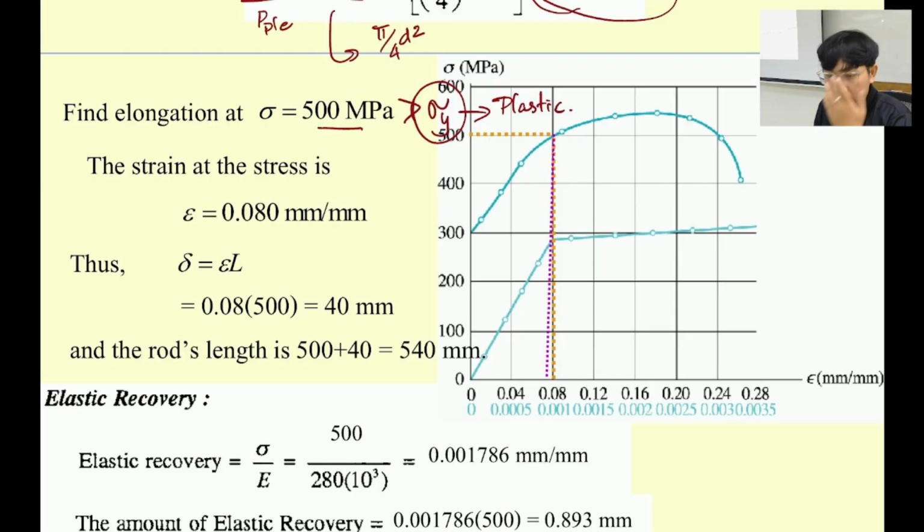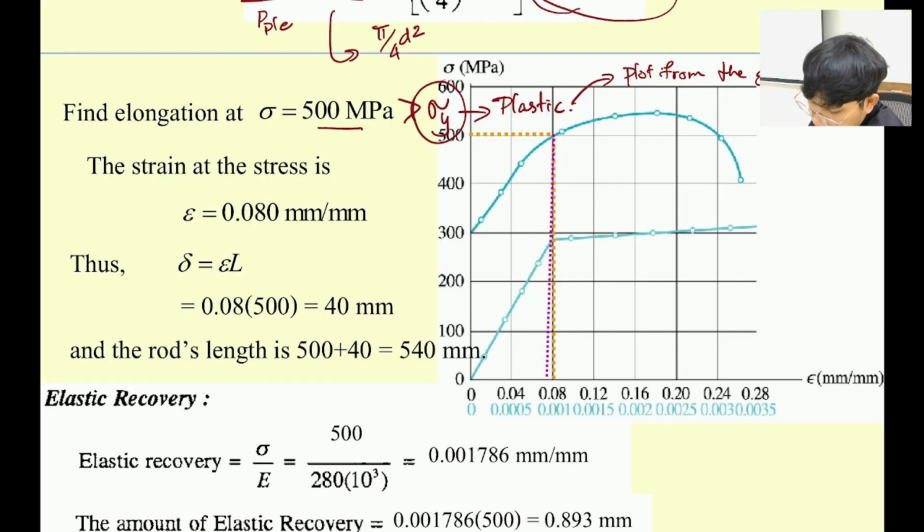Okay, so let's see, after we pull it, when it's plastic, what should we do over here to get the strain? We need to plot from the graph only. We cannot use Hooke's law in order to find it because it's beyond the elastic region.